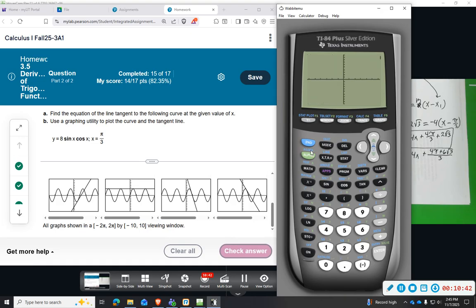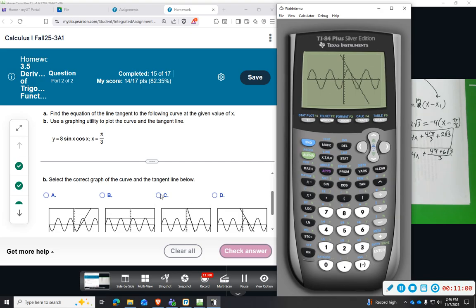So once you graph it, give it some time, and so now it looks more exact. You can see the same number of waves. So again, I would have just guessed C because the tangent is going to touch it at one point. However, according to this, we are getting D.